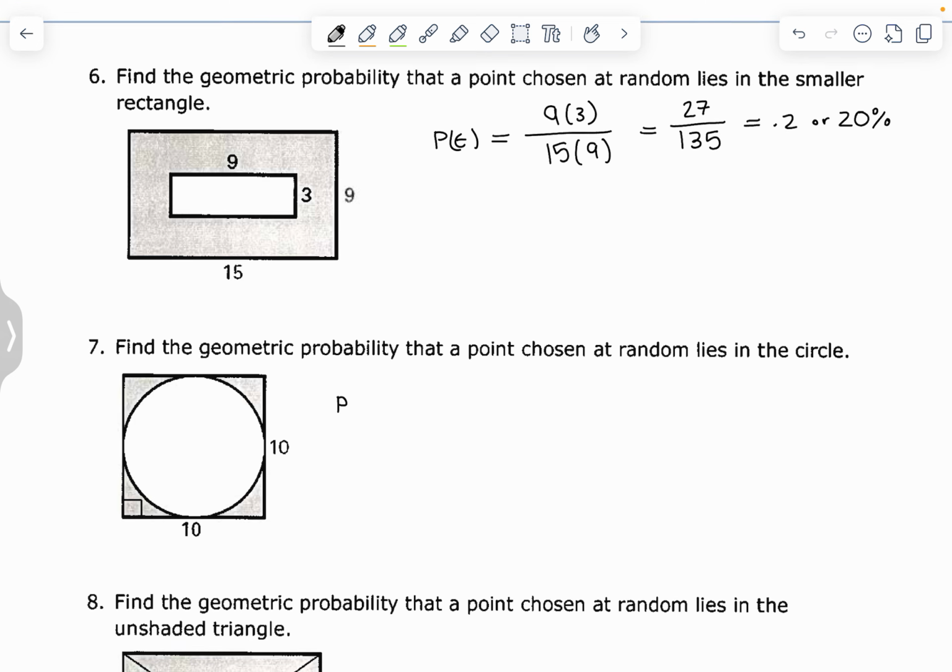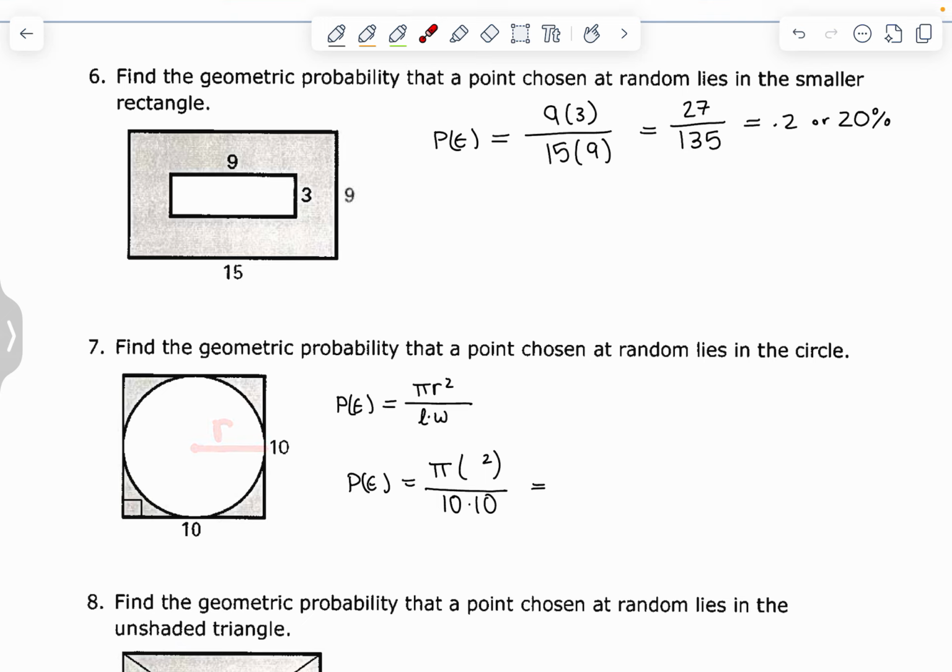All right. Find the probability that a point chosen at random lies in the circle. So the probability that this event occurs is going to be pi r squared, the area of the circle, over the area of the square. And so the probability is pi radius squared over 10 times 10. And so I want you to pause and think here, what is the radius of this circle?